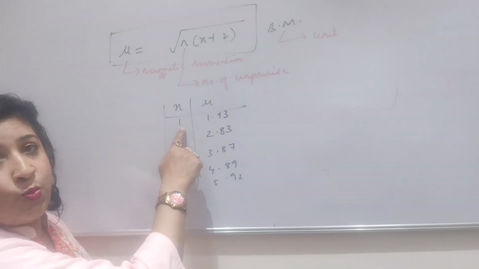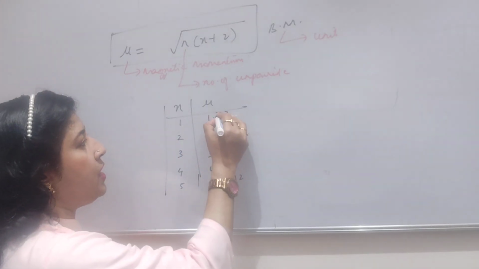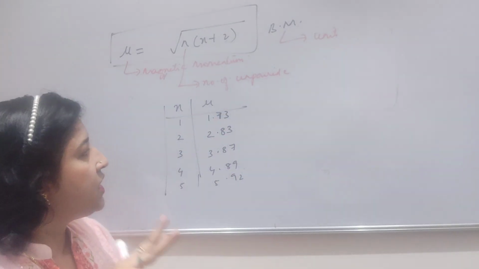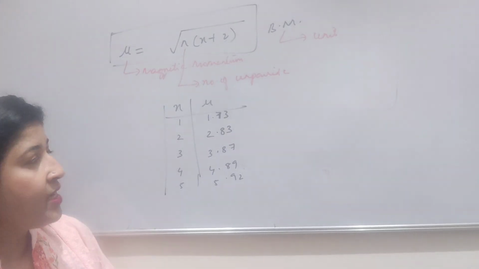So if n is 1, mu is 1.73; 2, 2.83; 3, 3.87; 4, 4.89; 5, 5.92.